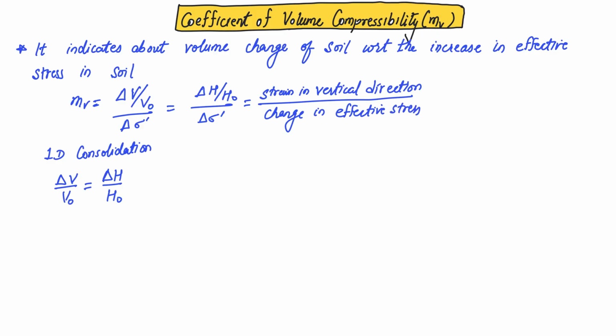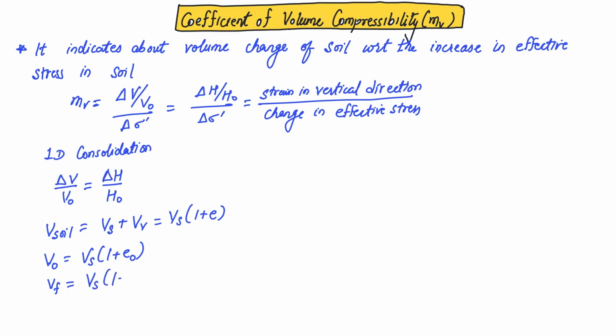Now let us understand that the volume of a soil is the summation of the volume of solids and the volume of voids, which can be written as the volume of solids into 1 plus e. The initial volume will be the volume of solids into 1 plus e naught, whereas the final volume of soil will be the volume of solids into 1 plus the final void ratio.